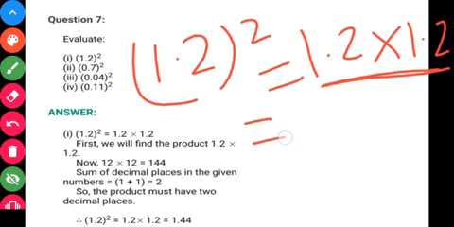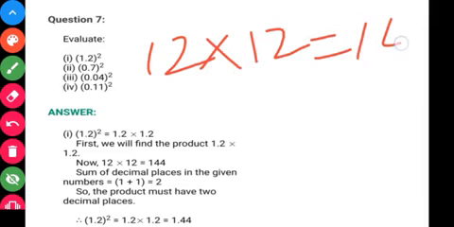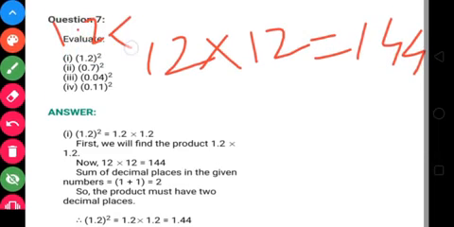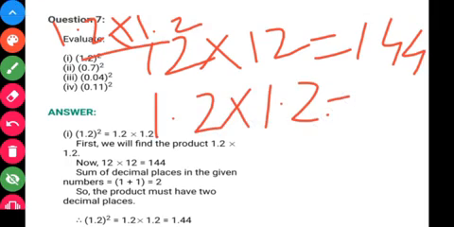So 12 into 12 is 144, and in 1.2 into 1.2 how many decimal places? 2 decimal places, so 1.44.